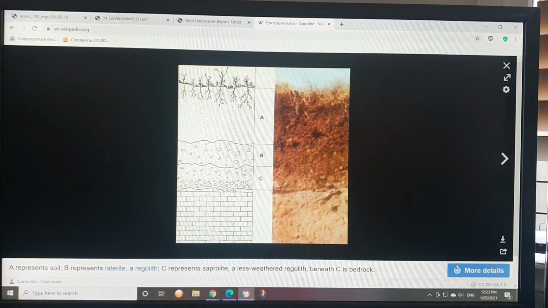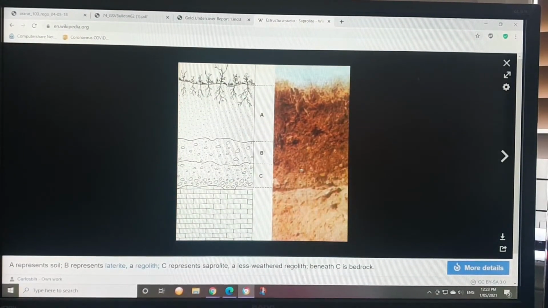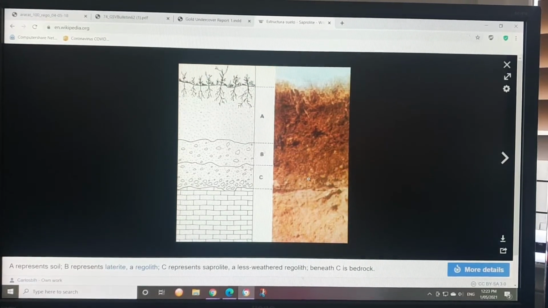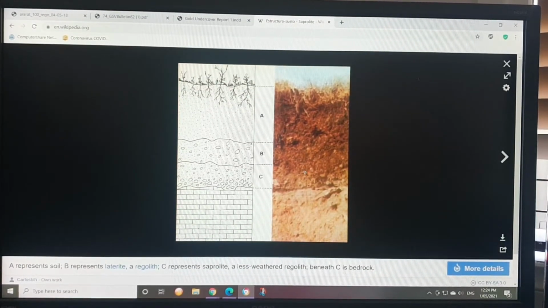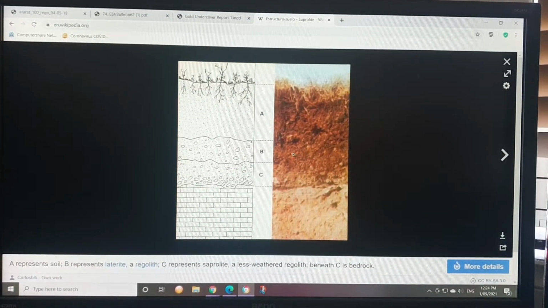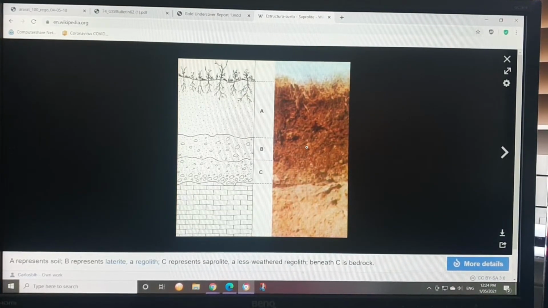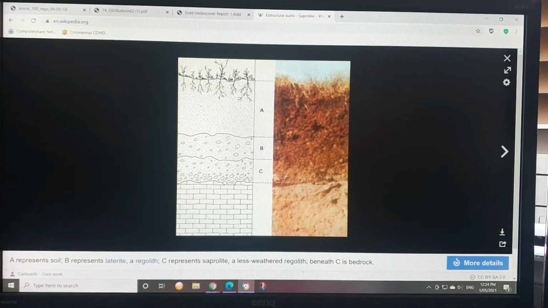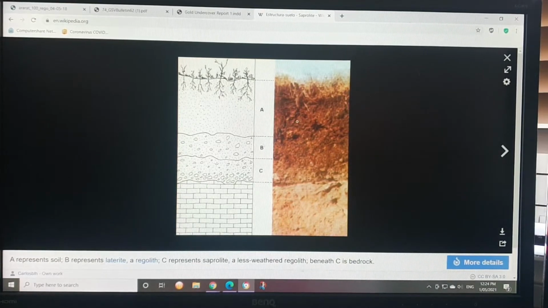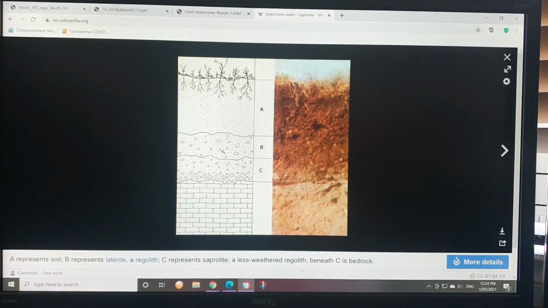So look at that. We have the bedrock here. We have the saprolite, which is the weathered rock, probably not much organics in it. Then B is the regolith, and the A is the soil.